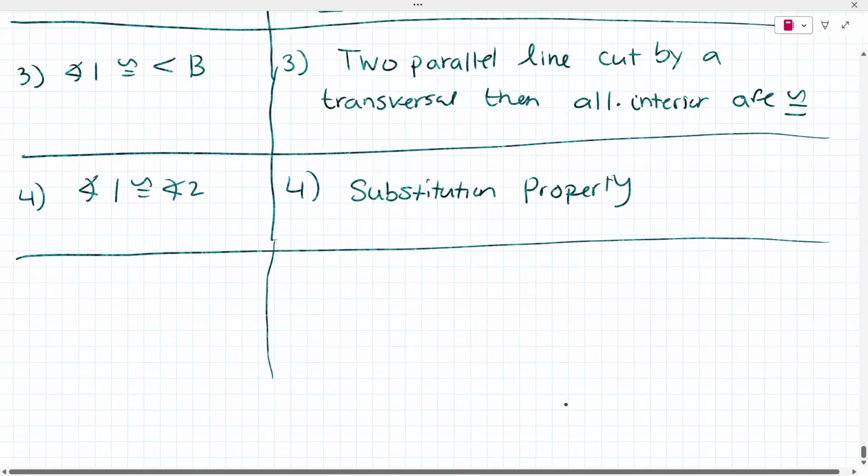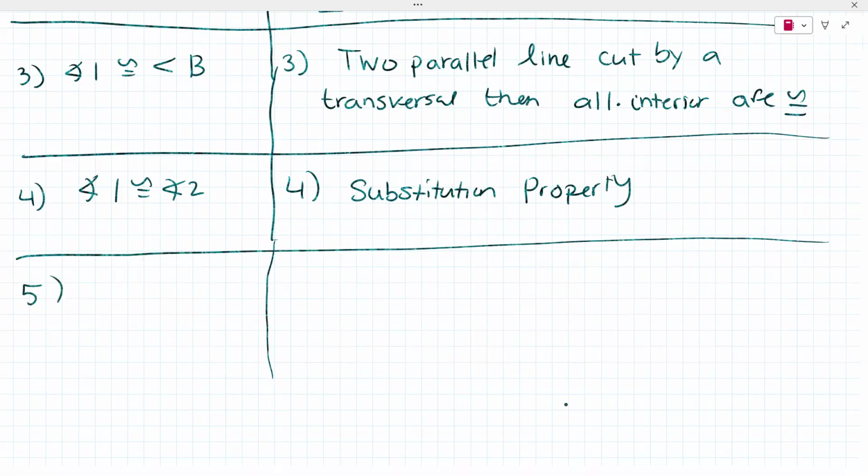And then last statement, we could say that ray CD bisects angle ECB.